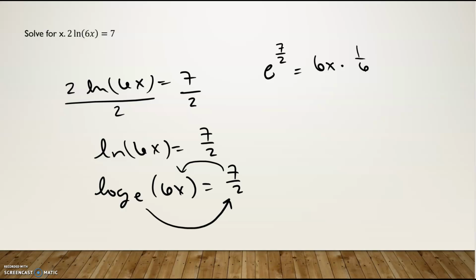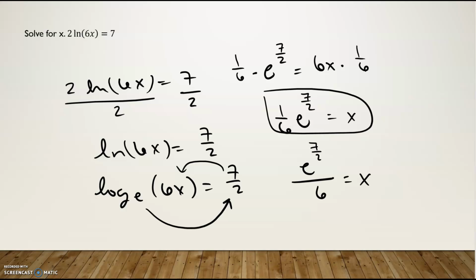So that's what I'm going to do. So you could see it as e raised to 7 over 2, over 6, equals x, or you can see e raised to 7 over 2, and that's divided by 6. Either one of these, they're the same, it's just a different form.